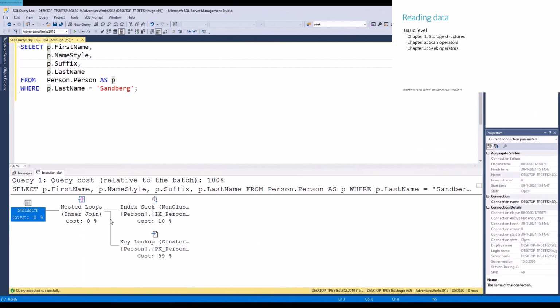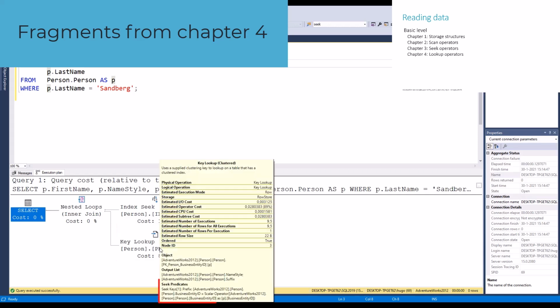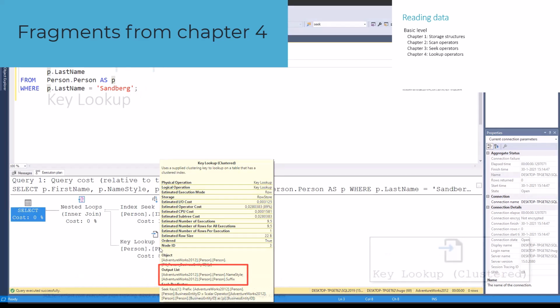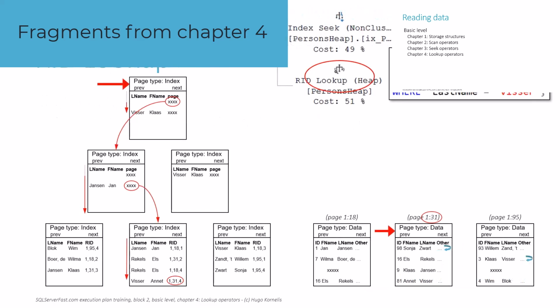In the 4th chapter we cover lookup operators. For tables with a clustered index, a lookup is very similar to a clustered index seek. For heap tables, the lookup does functionally the same, but the access pattern on the underlying data structure is completely different.